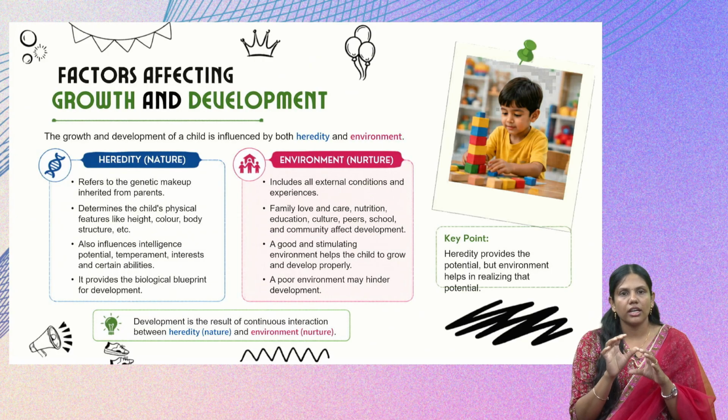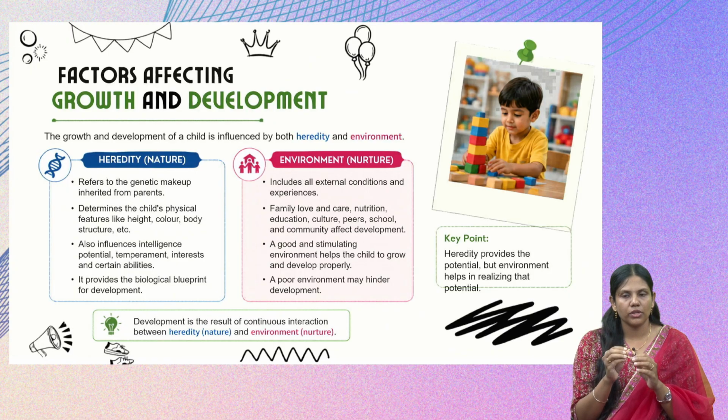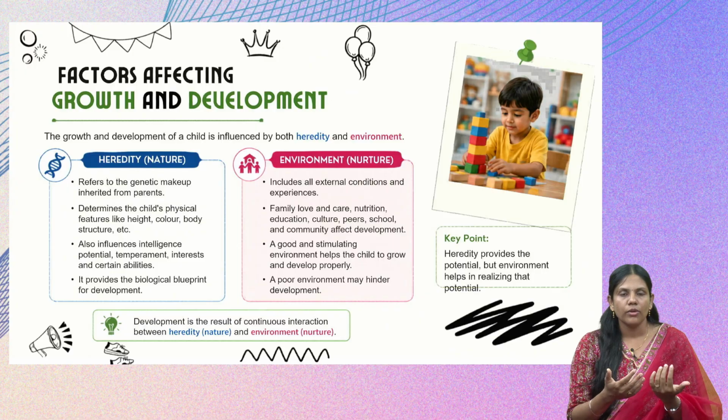Development is always a result of both heredity and environment. Simply remember: heredity gives the potential for the child, but environment helps in realizing that potential and upskilling it. For example, if both parents are from a sports background, the child may have innate ability to play that sport, but with the conducive environment the child gets, the child will become more skilled and will achieve more in sports.